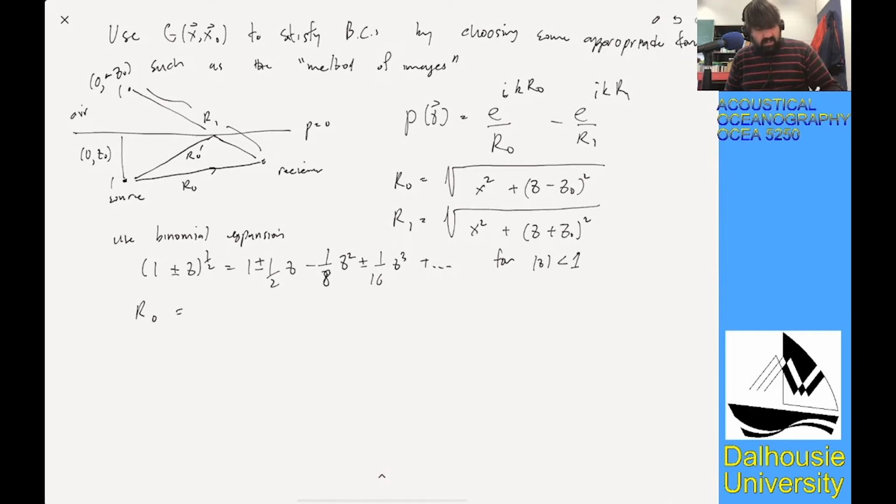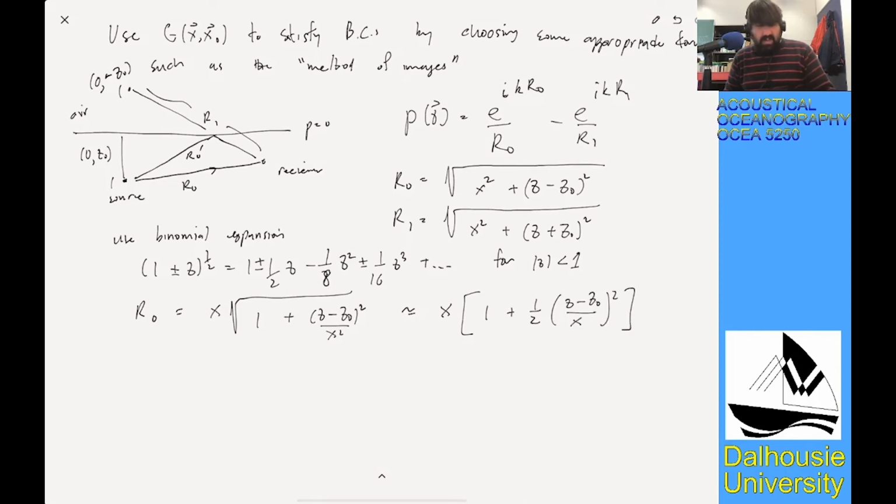So if we write R0, for example, as this, (z minus z0) squared over x squared, then we can use the binomial expansion, and we'll just keep the first two terms.